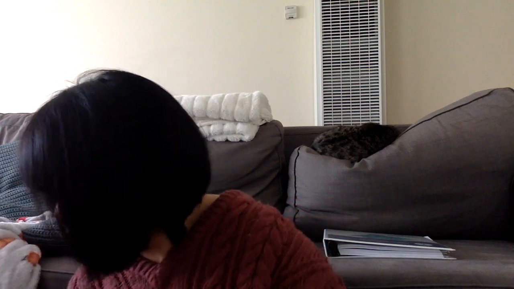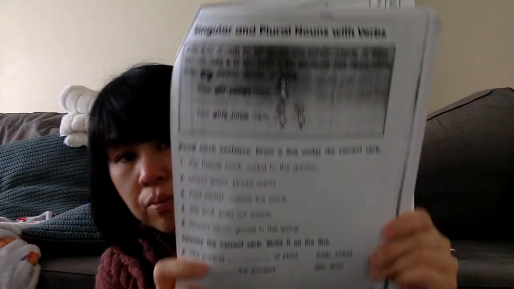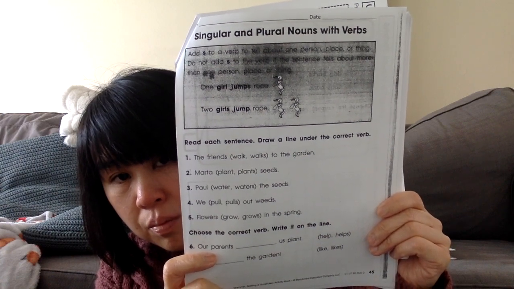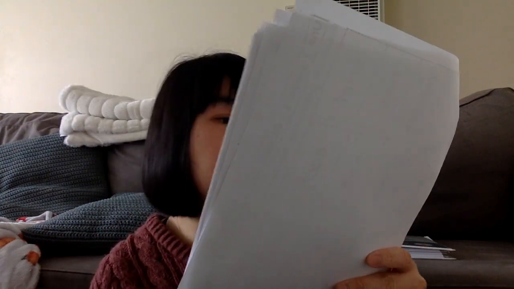Okay. So what we're going to do now is we're going to practice in our packet. So you're going to find this page in your packet. Okay. So we'll do the first two as a class.